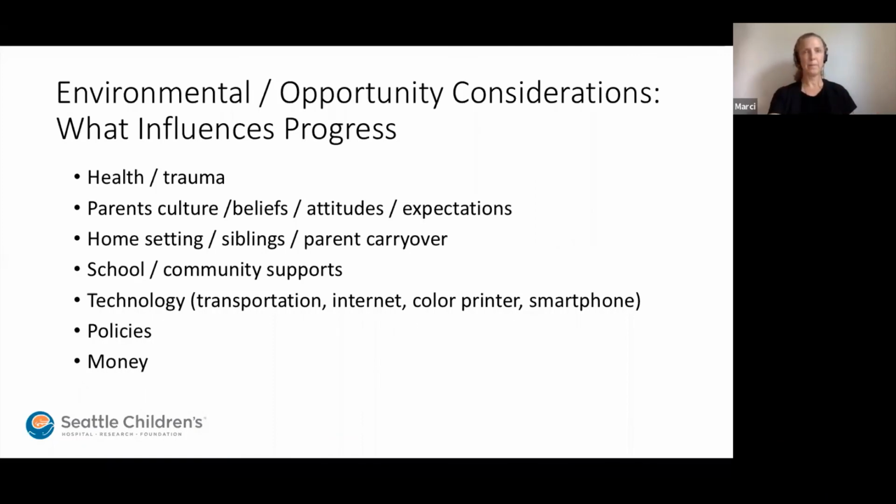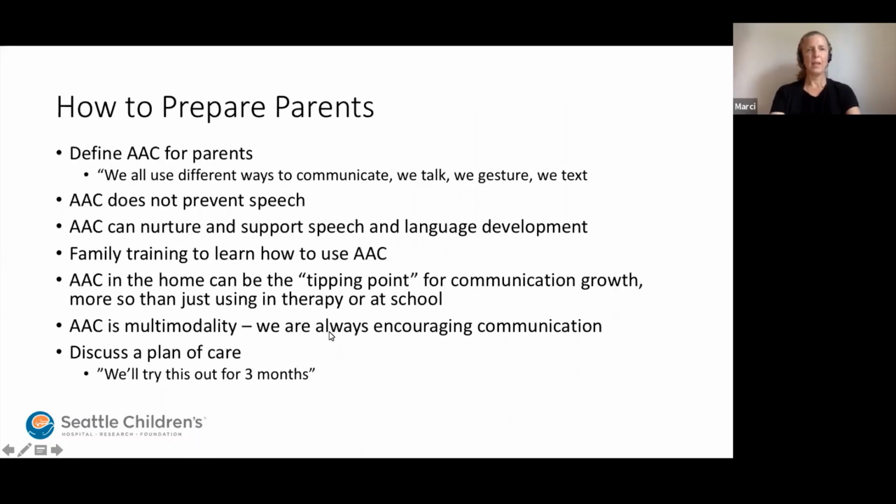Okay. So how to prepare parents for when you're starting to talk about AAC? We always want to define AAC for parents. We all use different ways to communicate. We talk, we gesture, we text. We want to tell families that AAC doesn't prevent speech, and in fact, AAC can really nurture and support speech and language development.